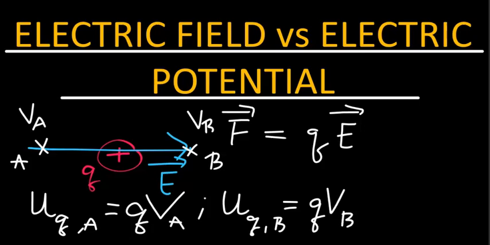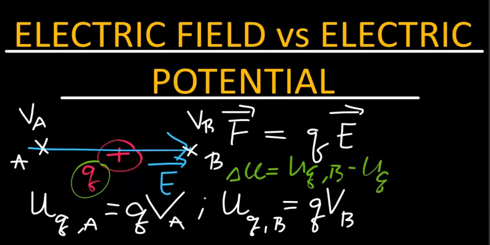In analyzing motion for such a charge, usually what's important is the change in the electric potential energy of that charge as it moves from point A to point B. And that is given by U_QB minus U_QA, because B is the final point, A is the initial point.